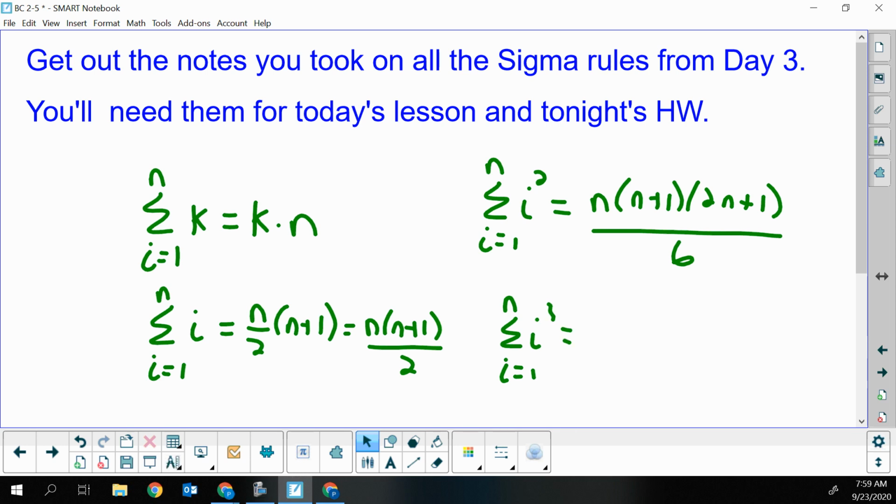Now on our sheet, we initially had it as n squared times n plus 1 squared over 4. Or recognize that that's just our i to the first one, n times n plus 1 over 2 all squared. So either way that you want to think of it for the i cubed one. But we'll be using those today, and you'll be using those on the graded homework problem tonight as well.